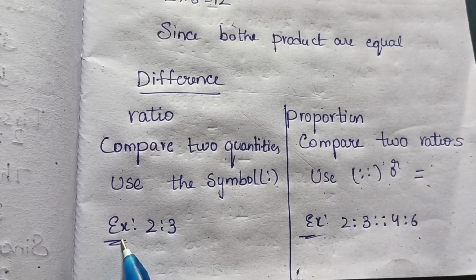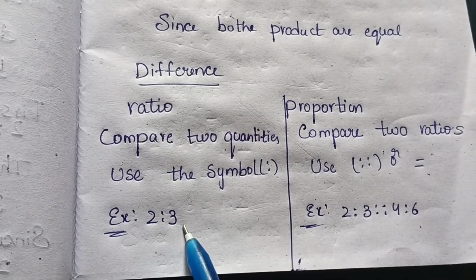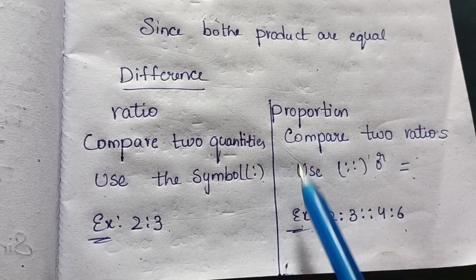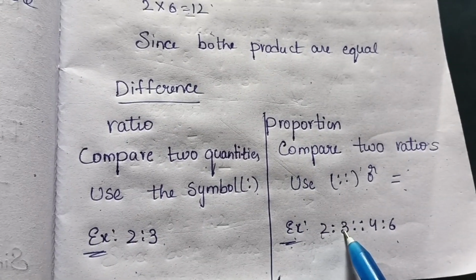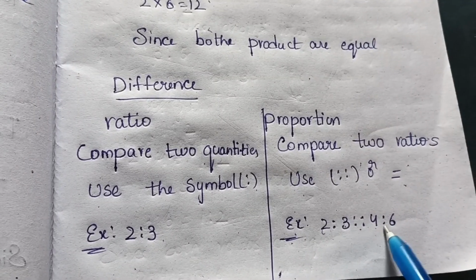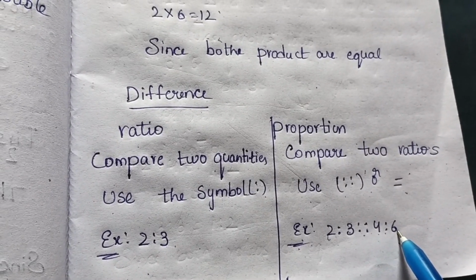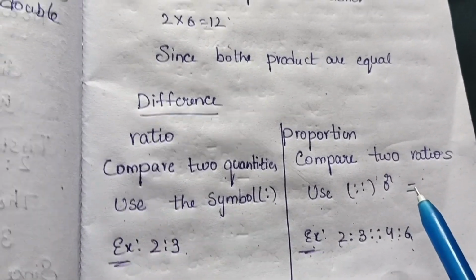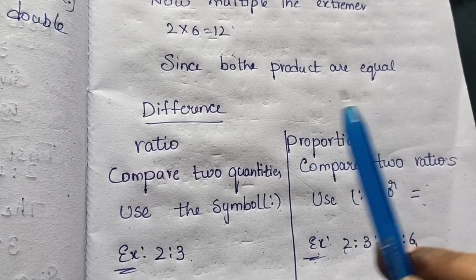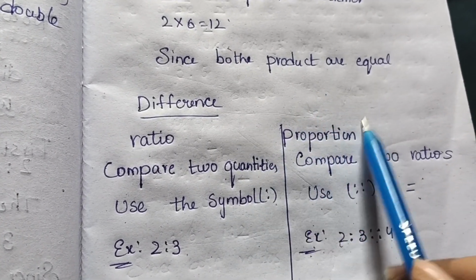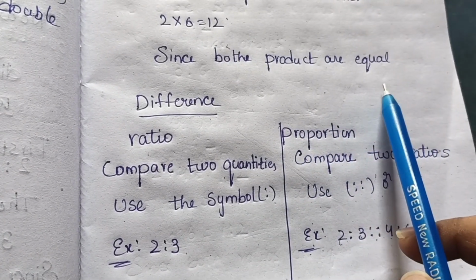For example, a ratio is 2:3, and a proportion example is 2:3 double colon 4:6. So remember this simple line: a ratio tells us how two quantities compare, while a proportion tells us whether two ratios are equal.